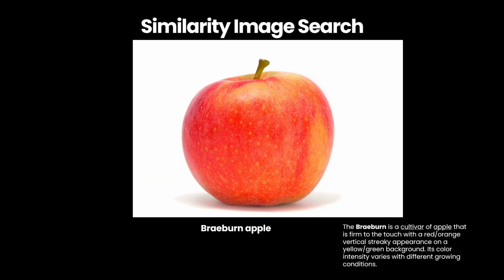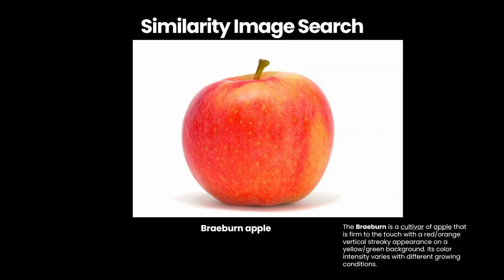So the first is a similarity image search. You see an image of a Brabant apple, which is a kind of apple, and you see the description of it that it has a touch of red and orange vertical streaky appearance on a yellow green background.